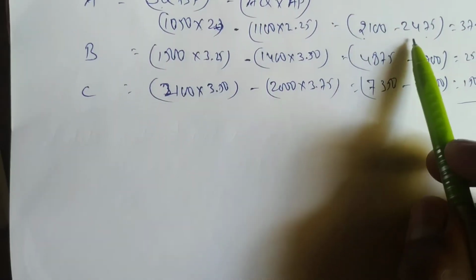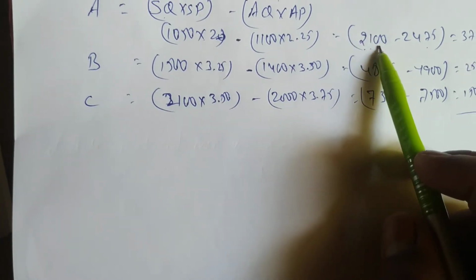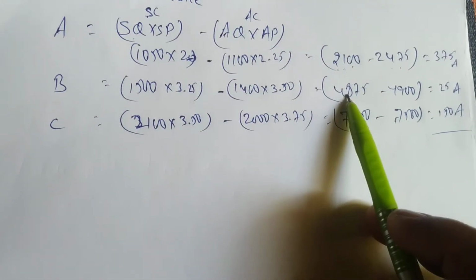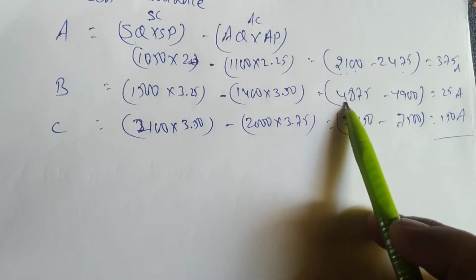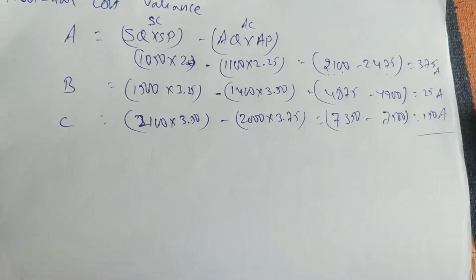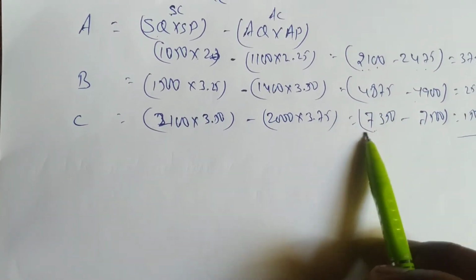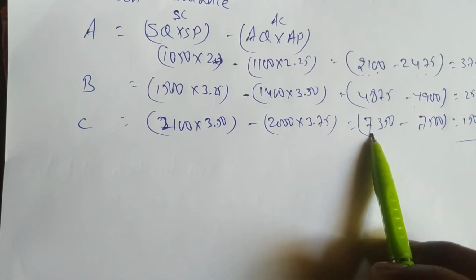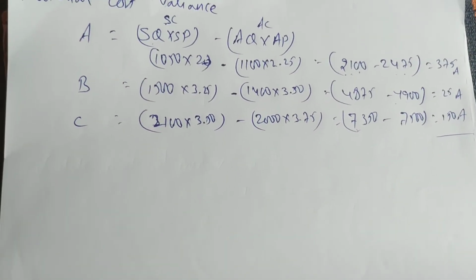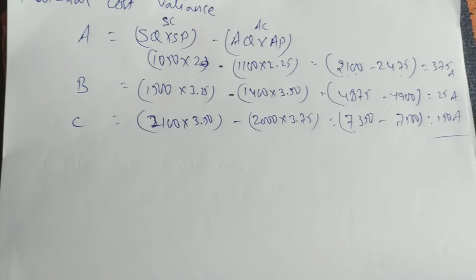So here also the company is saying to incur expenditure of 2100 but we have incurred more, 2475. Here also the company is asking to incur expenditure on product B of 4875 but we incurred more, 4900, 25 extra. The company is saying to incur expenditure on product C of 7350 but we have incurred 7500. So 375 all adverse, you can add, plus 25 plus 150.